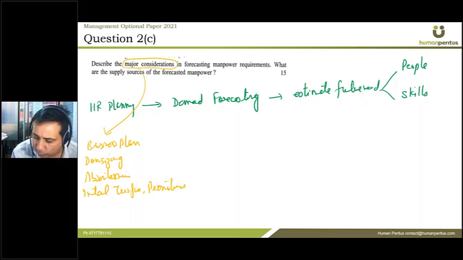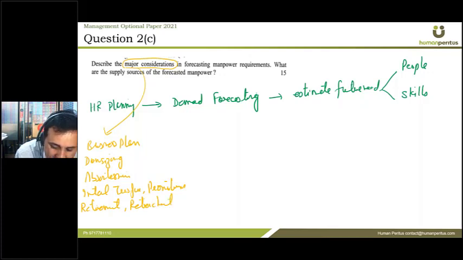Then what do we consider? We also consider the retirements which will happen or retrenchment. So every decision which will impact the number of employees will affect the demand forecasting.